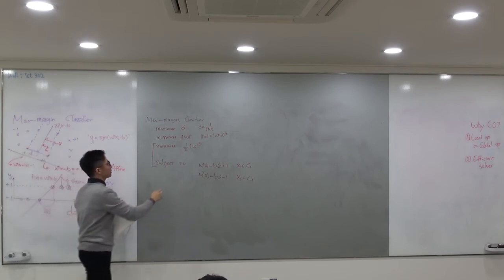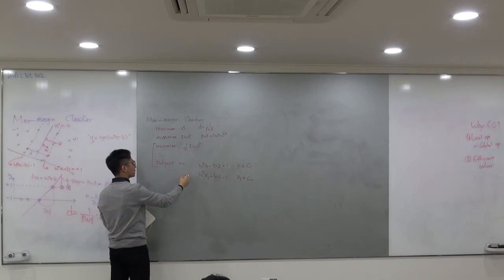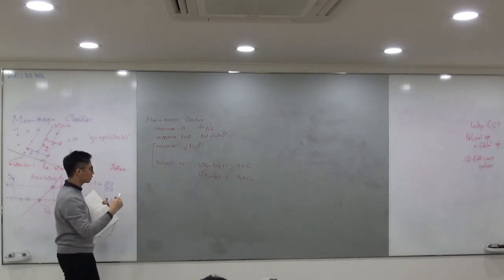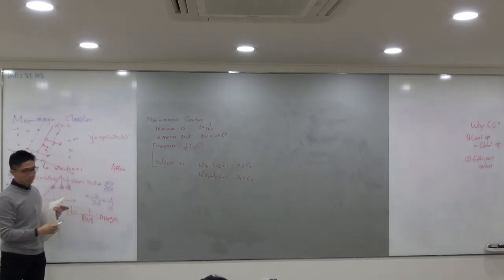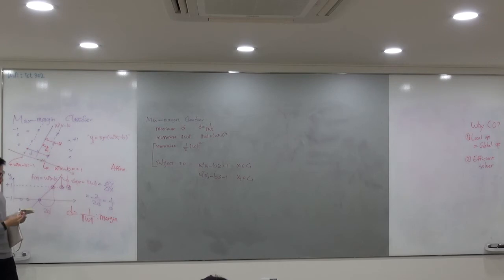So the objective function is convex and the constraints are affine, therefore convex, making the whole process a convex optimization, which is very efficiently solvable. This is the core of the maximum margin classifier.